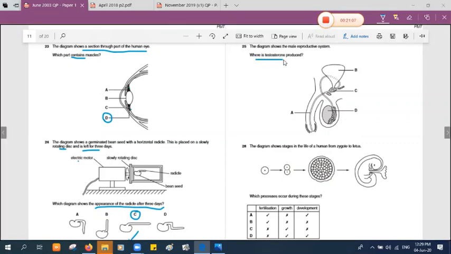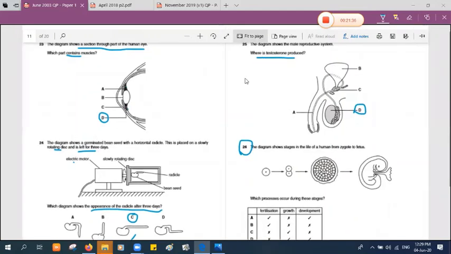Where is testosterone produced? Okay, so what do you think? It is produced from what? Think again, not C, that the testosterone, this hormone is produced from the testes, which is number D. Okay, yes, D.